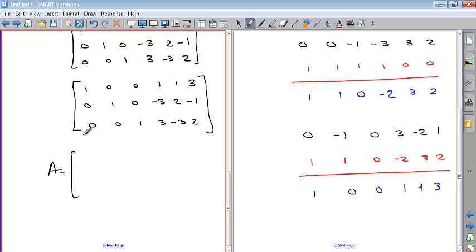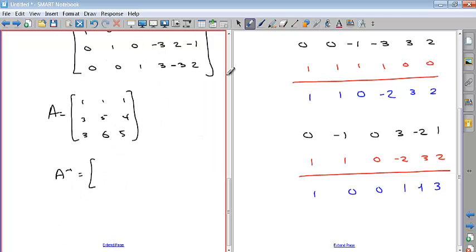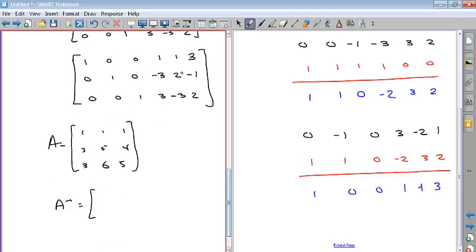So my original matrix was 1, 1, 1, 3, 5, 4, 3, 6, 5. Then I'm saying that A inverse is equal to the matrix, this part here, which is going to be 1, 1, 3, -3, 2, -1, 3, -3, 2.